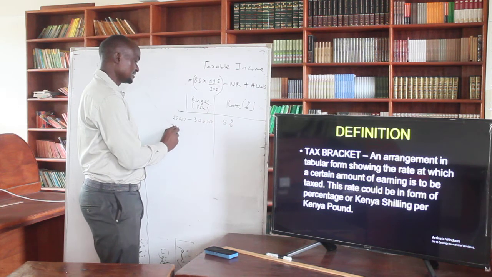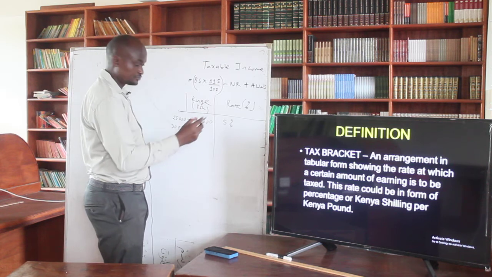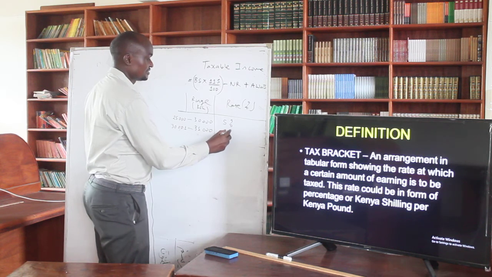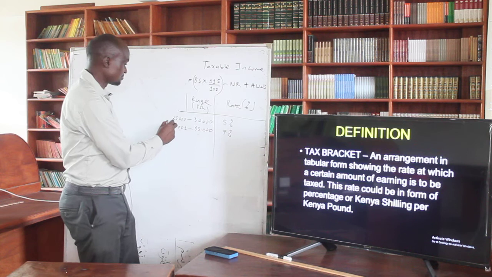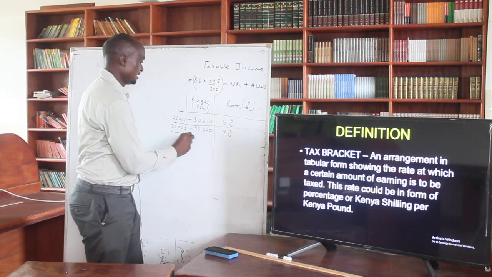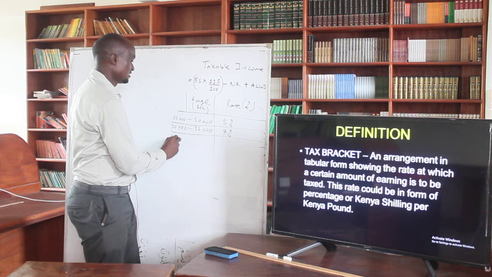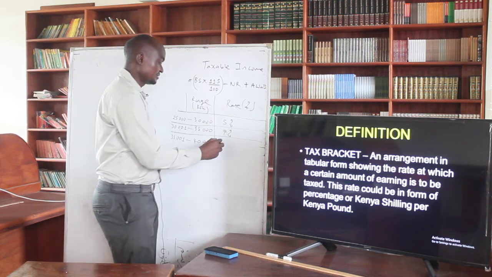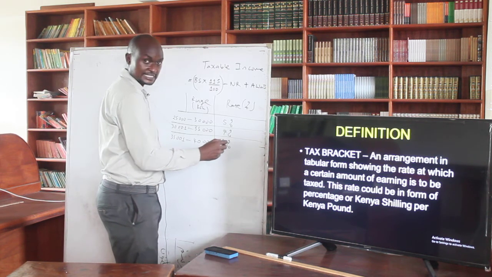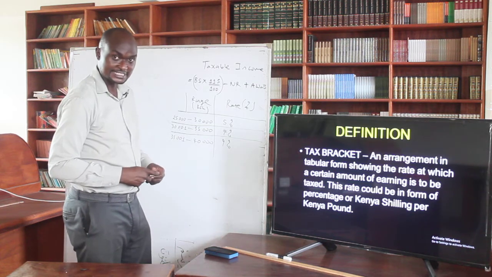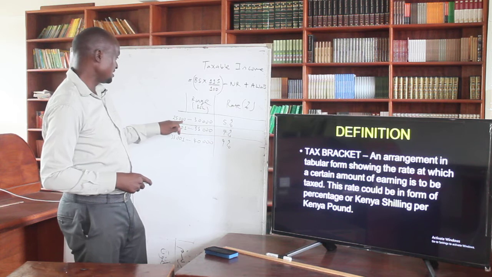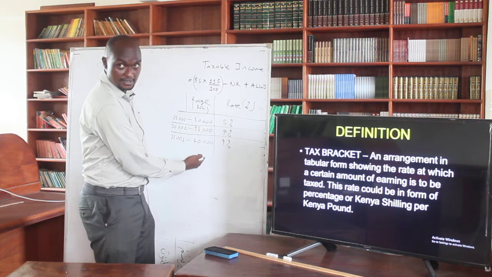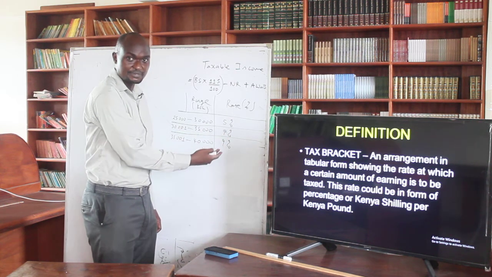Anybody earning 30,001 shillings up to 35,000 is supposed to pay, let's say, 7% in that range or in that bracket. Anybody earning 35,001 up to 40,000 is supposed to pay, let's say, a 9% rate. So this is what we call the tax bracket, from a certain minimum to a certain maximum. And in most countries, the more you earn, the more the percentage which is being charged.